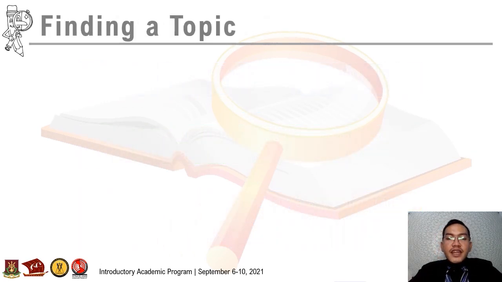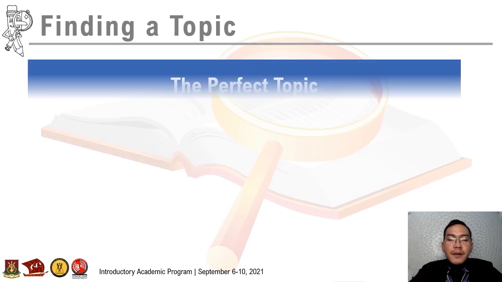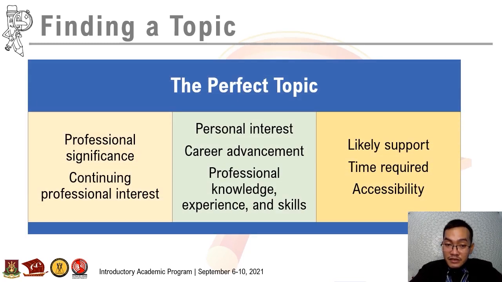Let's proceed to the next crucial question, which is how to find a topic. So the perfect topic is something that is significant in the field because it contributes to the knowledge base of that particular field. So in short, it has professional significance.